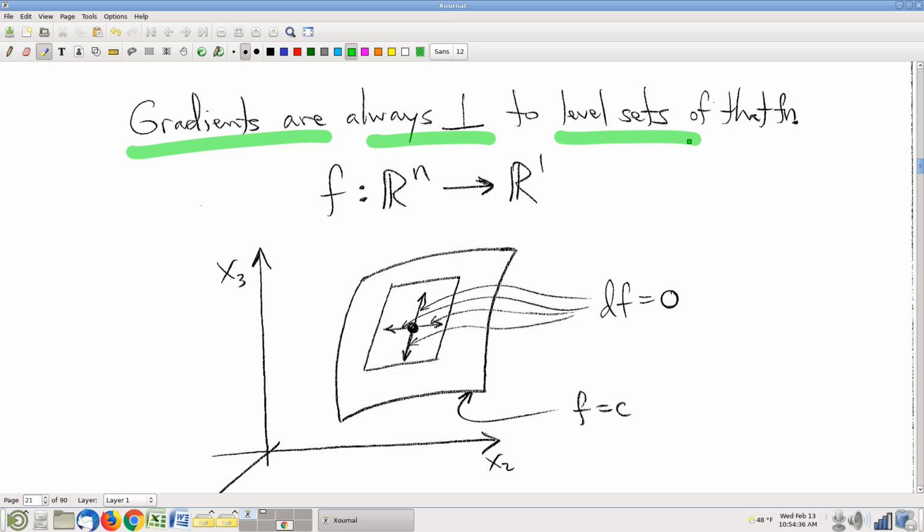That is a remarkably unexpected, weirdly true fact, that they're always perpendicular to level sets. And I emphasize level sets, not graphs. Gradients aren't perpendicular to parametric curves or something like that. Gradients are perpendicular to level sets, specifically and only.